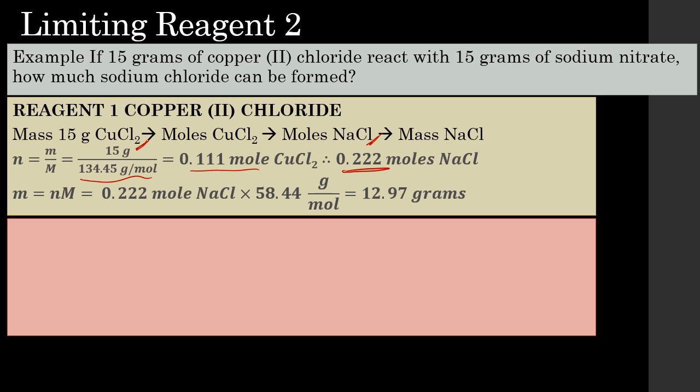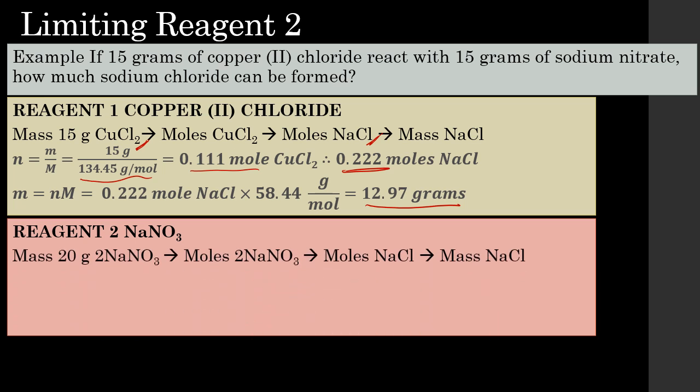So to determine the mass, mass equals the number of moles times the molar mass. So 0.22 moles of sodium chloride times 58.44 grams per mole for sodium chloride will give you 12.97 grams.